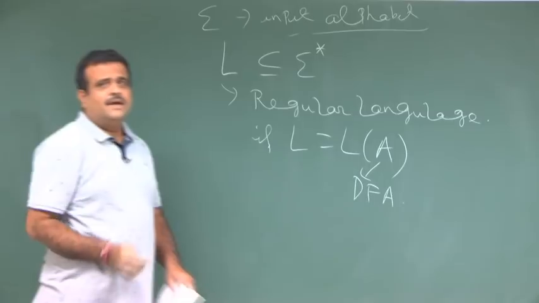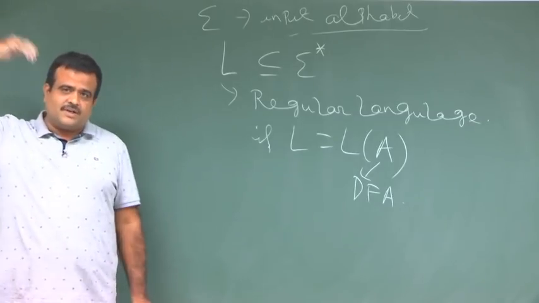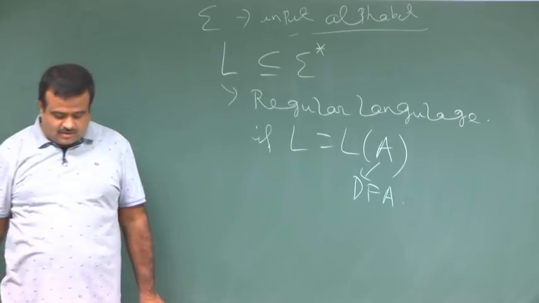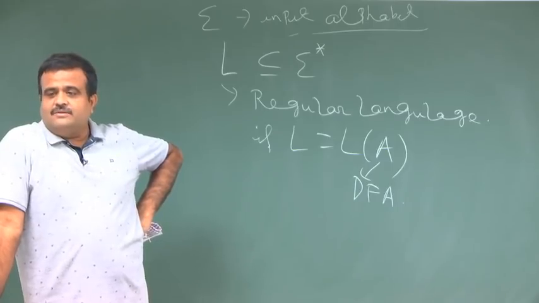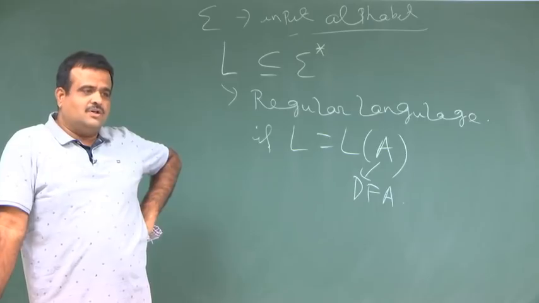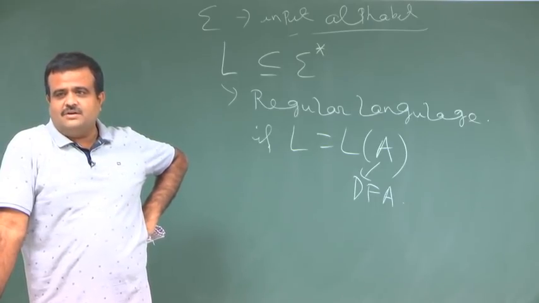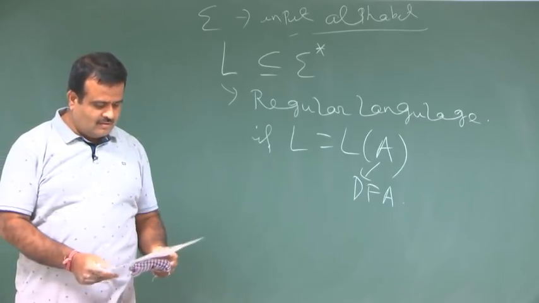That means if there exists a DFA which is accepting all the strings of this set, then we call this language a regular language. Any such collection of strings which is accepted by a DFA is called a regular language.